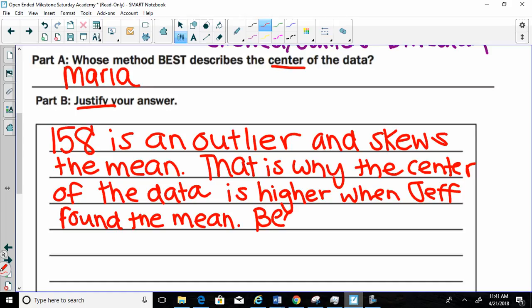This is literally what I said, but because Maria noticed an outlier, Jeff didn't see that.